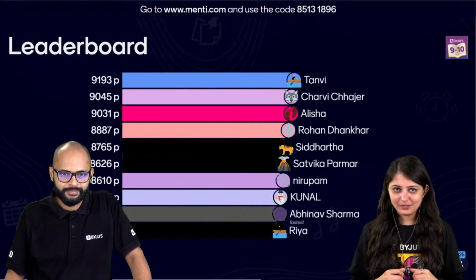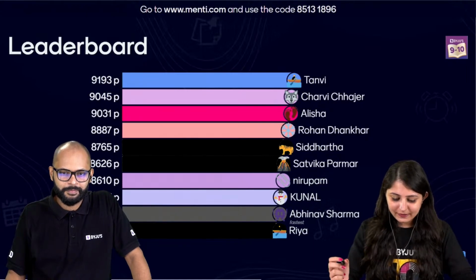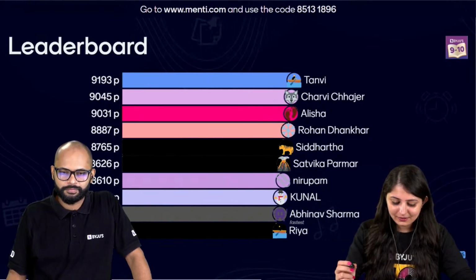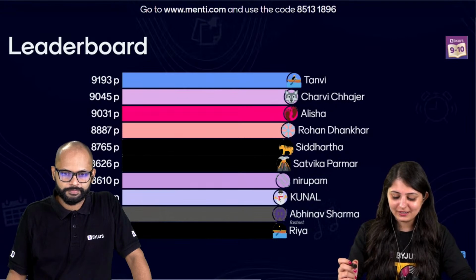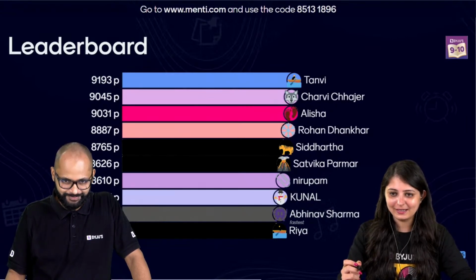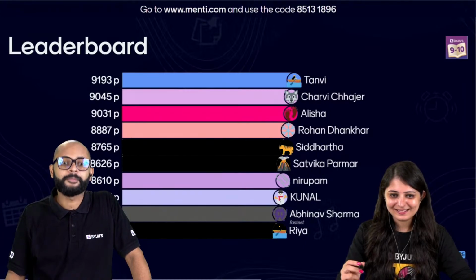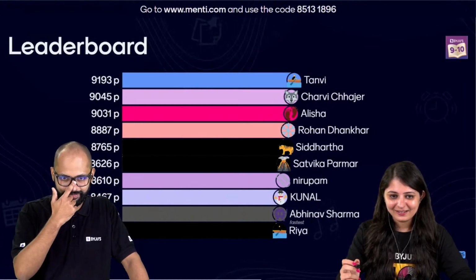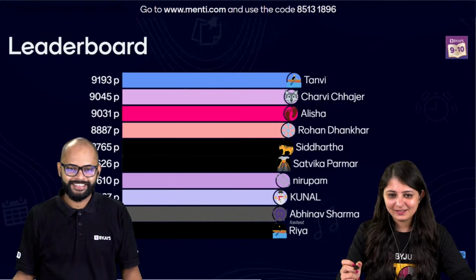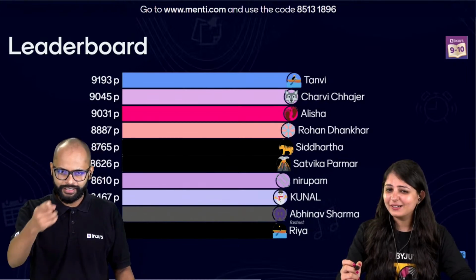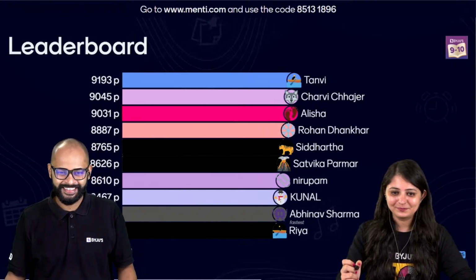Okay, so the scoreboard is right in front of you. Tanvi, Charvi, Alisha, Rohan, Siddharth, Satvika, Nirupam, Kunal, Abhinav, Riya. Good going, guys. A lot of new names are there. Yes. Increase to decrease. Okay. Nice. Correct. Fun fact, Anand, tomorrow that is true. 19th.